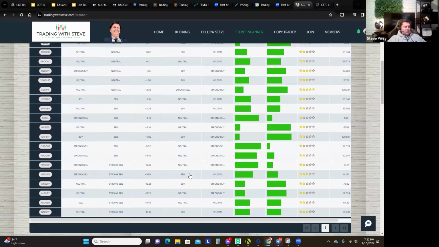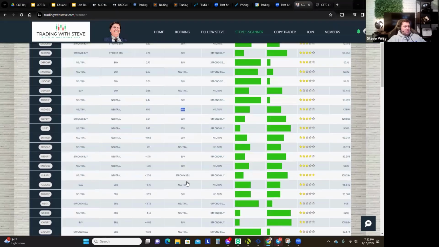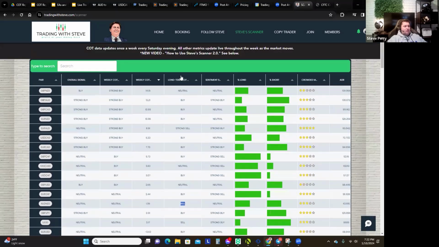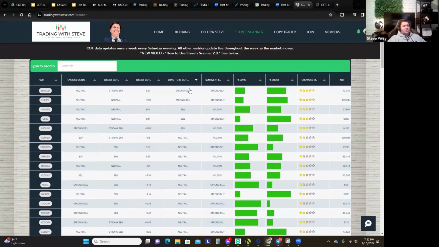Now, you'll notice as well, some of these say strong sell. Like if I filter this by signal, you can see the Euro Aussie and Euro Yen both say strong sell. Now, why is that? So here's the deal. You want to follow the banks until they get to the end. And what does the end mean?